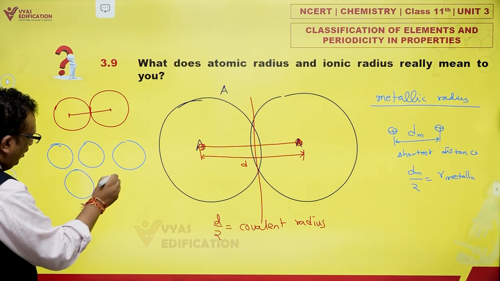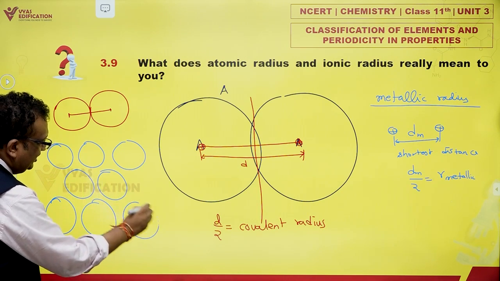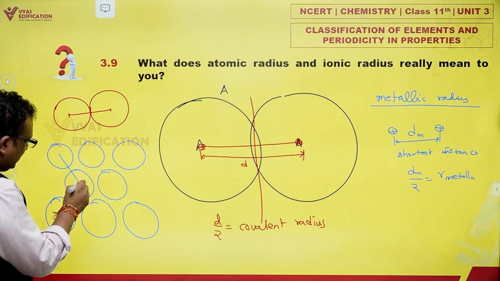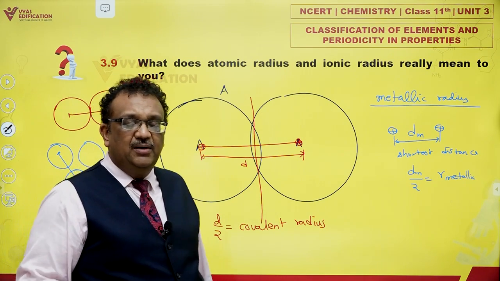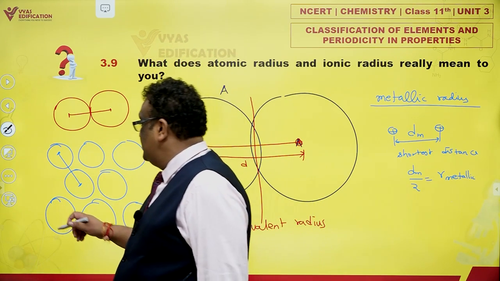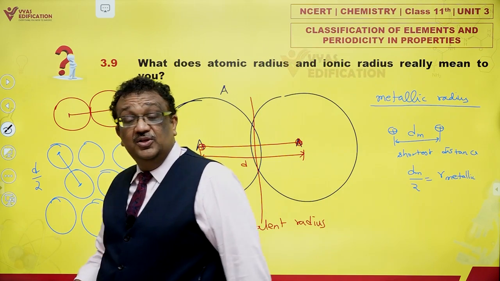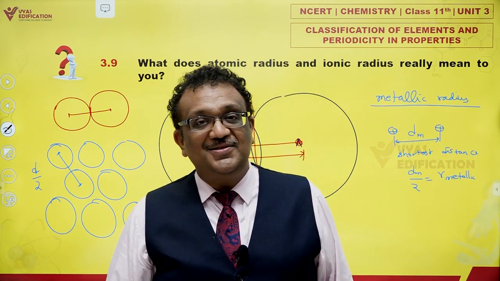It is just that the molecules would be at a certain distance from each other in solid state as per the crystal structure. This shortest distance between them, whatever it comes out to be, you divide this distance by 2. This will give you a radius which is called the Van der Waals radius.